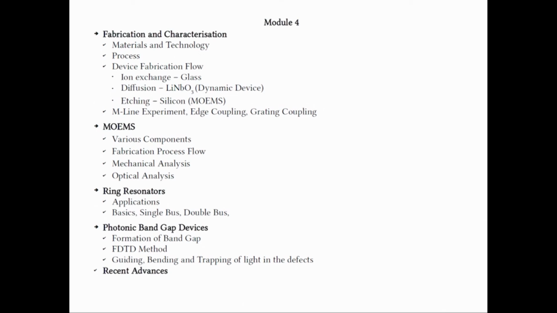And on silicon, one of the most common techniques is the lithographic patterning of the silicon layer by using etching, and it is also possible to combine these optical waveguides with MEMS structures to create many other important properties.